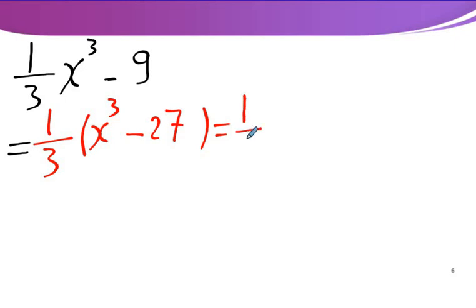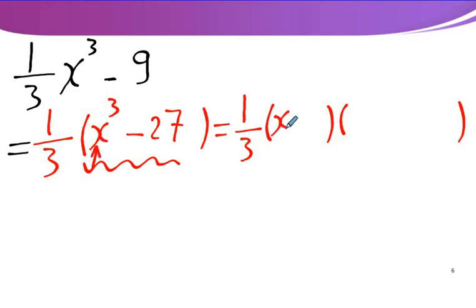This is the difference between two cubes. So the cubic root of x to the power 3 is x, and the cubic root of 27 is 3, and the sign is negative.